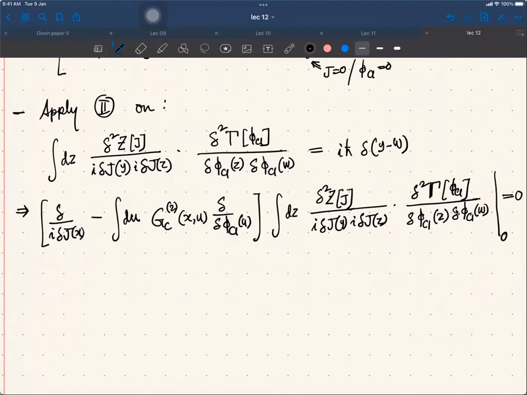So evidently there are two terms. One is this acting on this, and the other will involve this acting on this. So let me write them down. The first term will become third derivative.